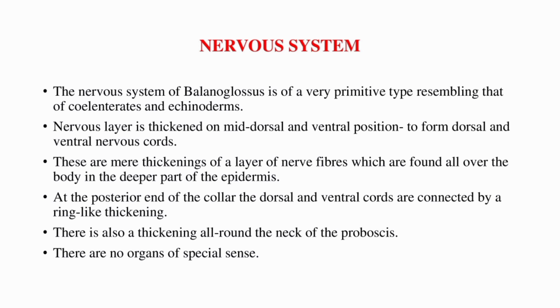These are mere thickenings of a layer of nerve fibers which are found all over the body in the deeper part of the epidermis. At the posterior end of the collar, the dorsal and ventral cords are connected by a ring-like thickening. There is also a thickening all round the neck of the proboscis. There are no organs of special sense.